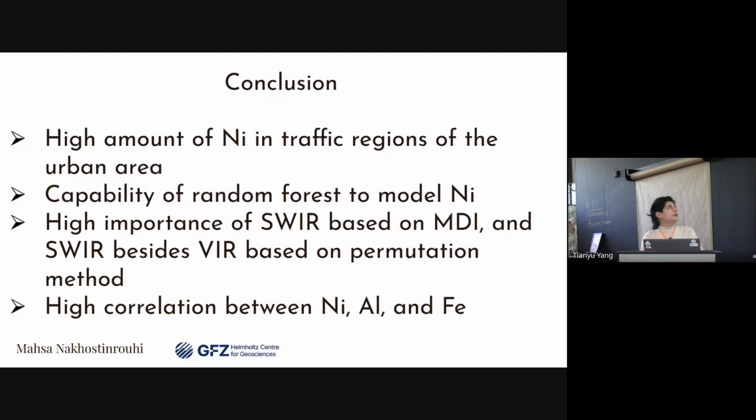So based on the results, we got these conclusions in this slide. The first one was the high amount of nickel in a traffic region of an urban area, which we found.